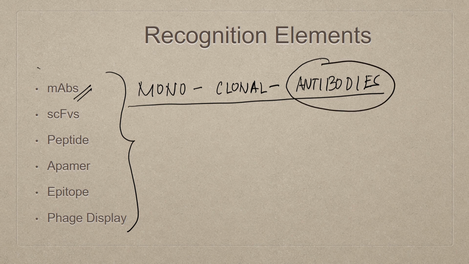What are antibodies? Whenever a foreign element enters your body, the body has a capability to distinguish between its own and what is not its own. When there is a foreign element which is not part of the body, it generates an array of proteins which tries to capture this foreign material.